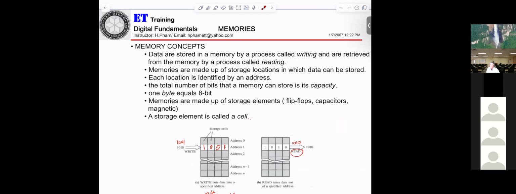So basically on the memory, you get only two processes. You try to write data to the memory, or you want to get data from memory. So that means you get writing data or reading data.